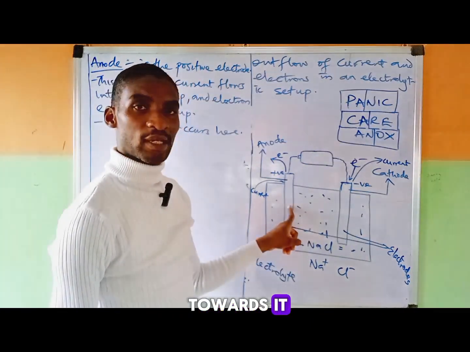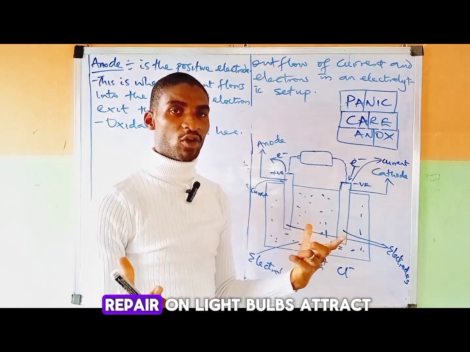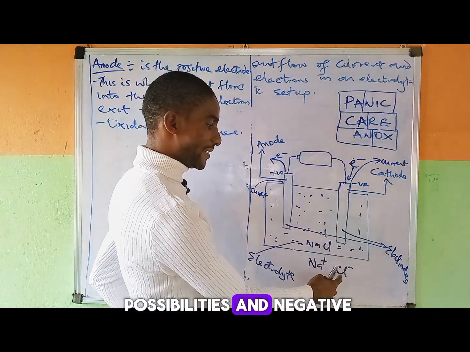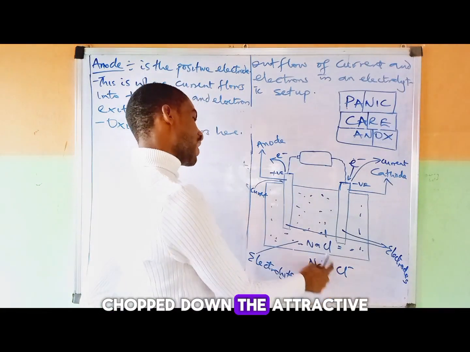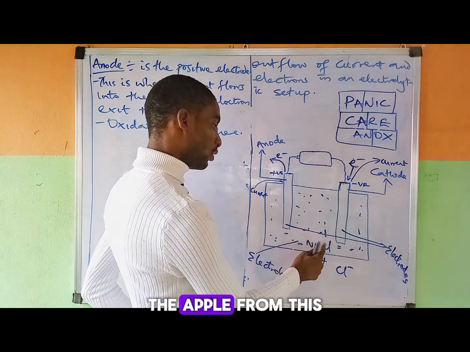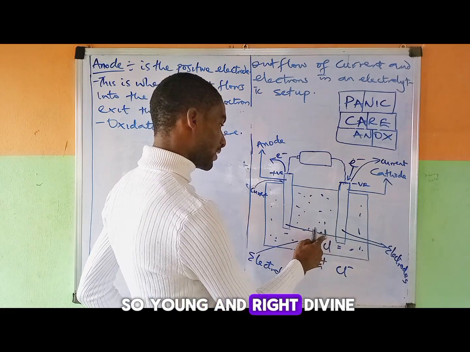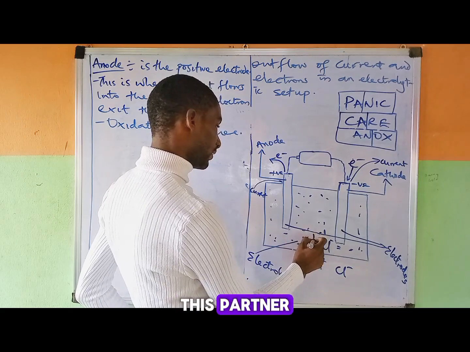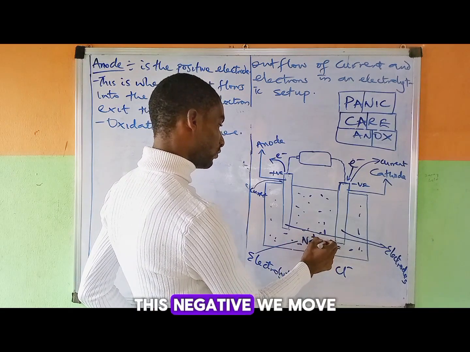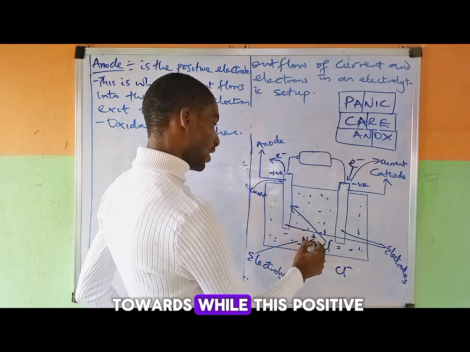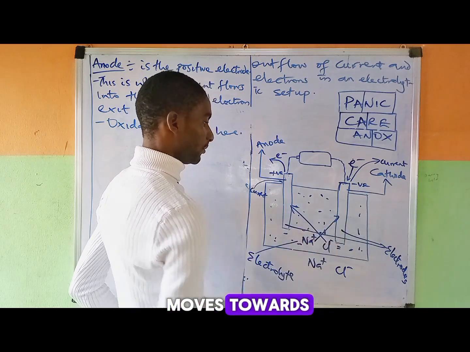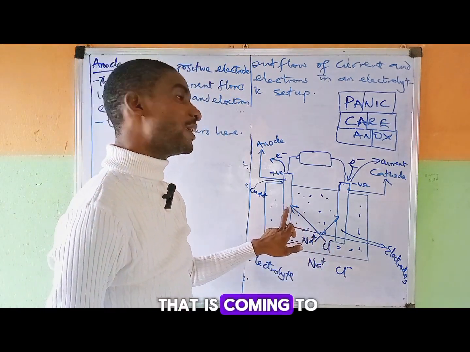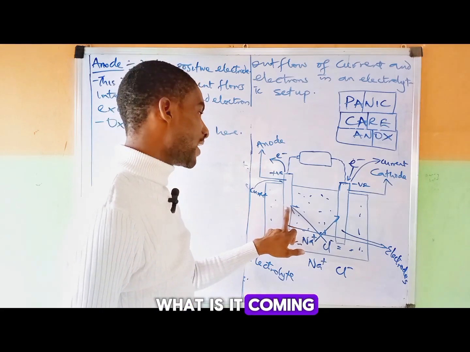Remember, like poles repel and unlike poles attract. So to this positive electrode, it is the negative charge that will be attracted. Therefore the Cl- will move towards it, while the Na+ moves towards the other electrode. Now, this Cl- that is coming here, what is it coming here to do?